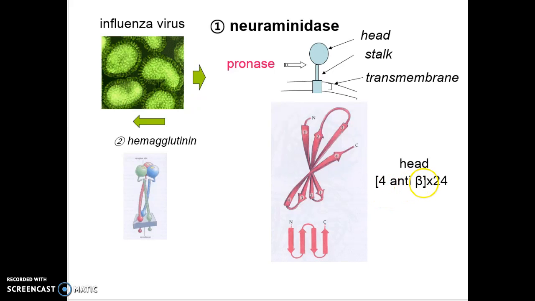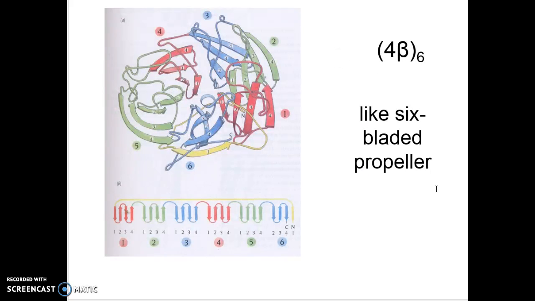four anti-parallel betas. The topology clearly shows four anti-parallel betas. Actually, the head is composed of 24 of this kind of four anti-parallel beta. So you are looking at the first portion of the whole structure.